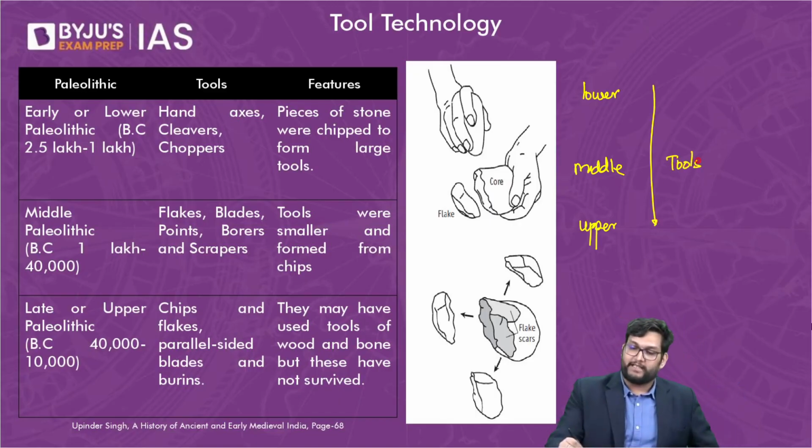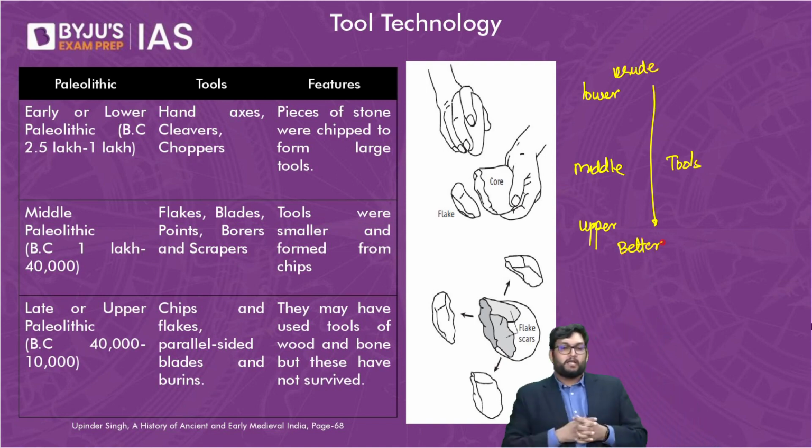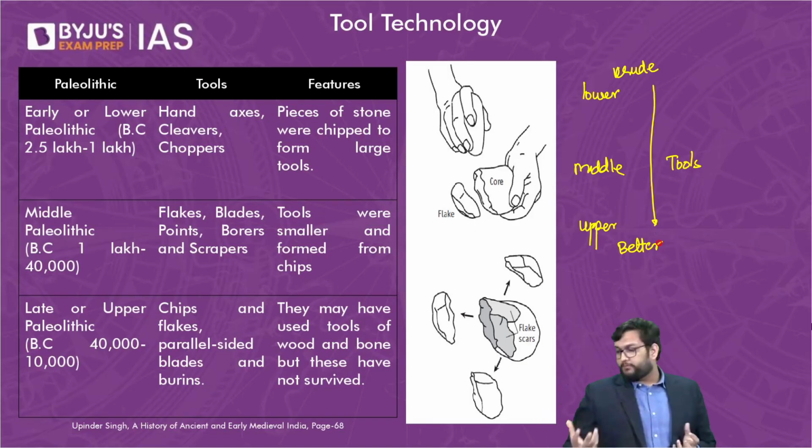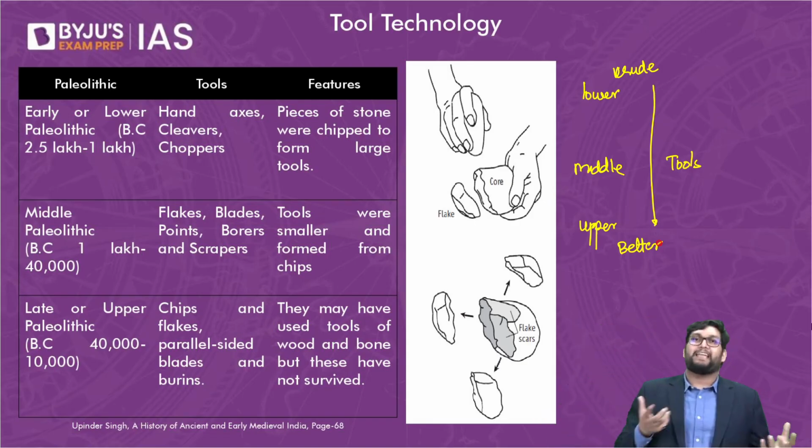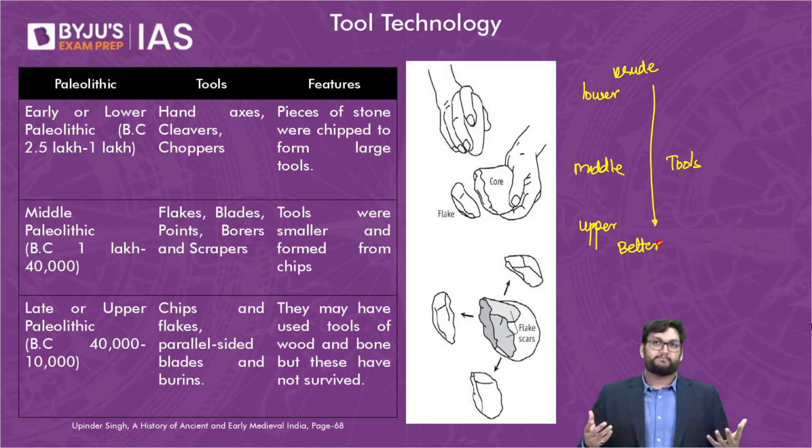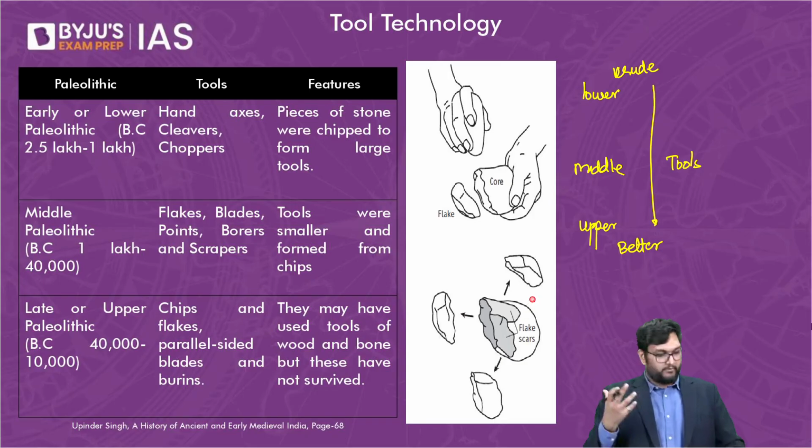They are crude here and they become better here. Meaning that if I look at the tools from the lower Paleolithic and the upper Paleolithic, I can make out that there's a difference. In the lower, you'll have very big tools, very, very heavy tools like this.